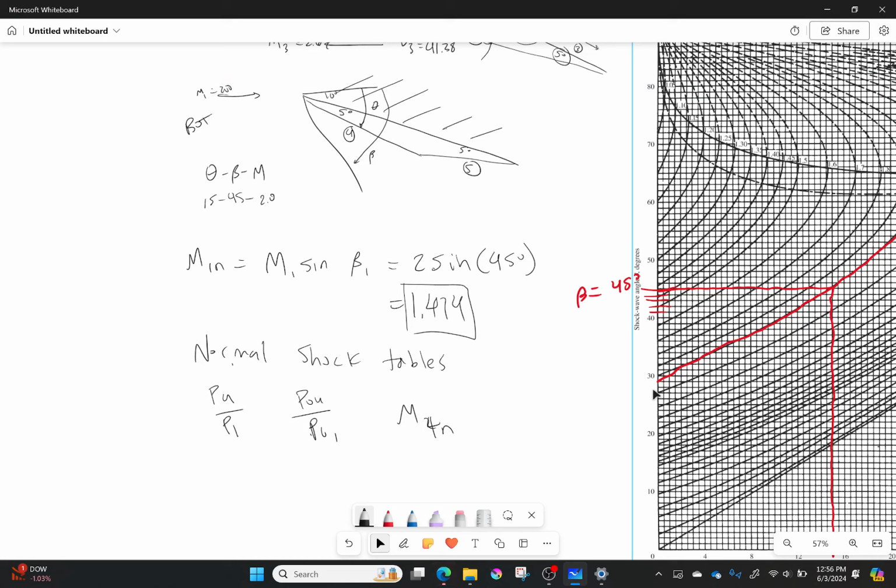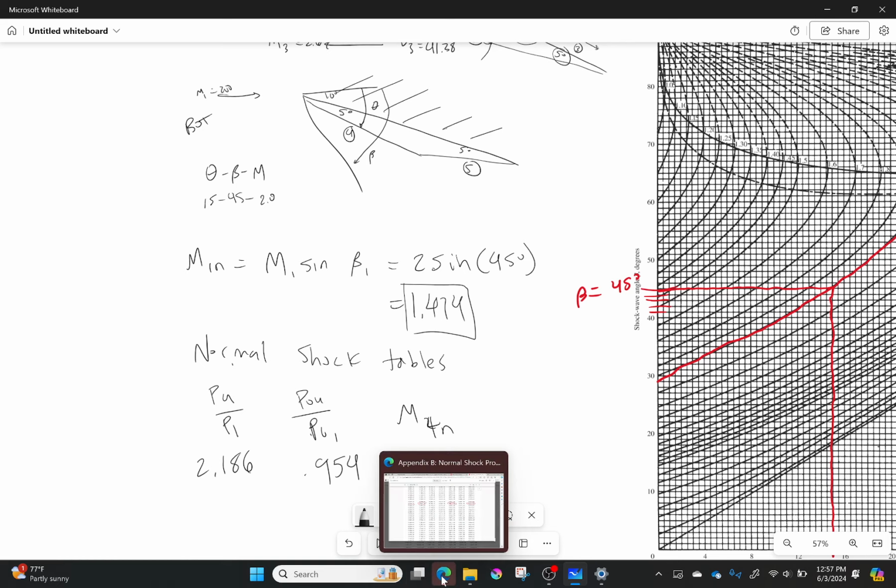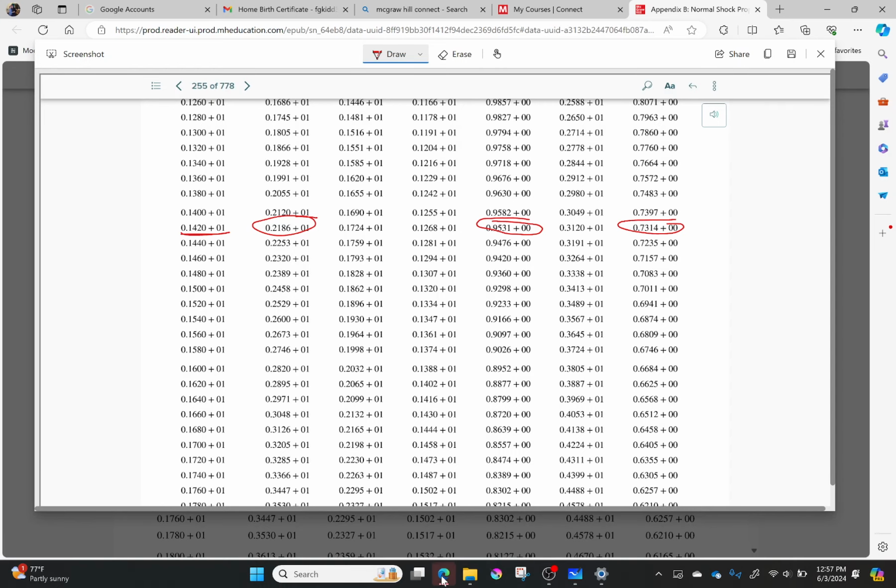So those numbers were, again, let's see, this was 2.186. This one was, let's see here, 0.954. And finally, 0.7314. I believe I was correct on that. I'm going to jump back real quick, just make sure I didn't, this one is up. I can't read my handwriting.